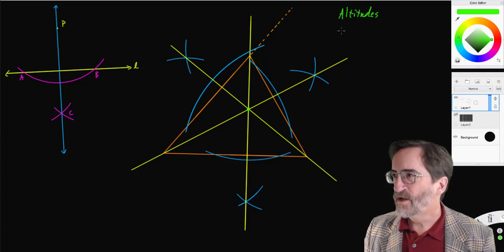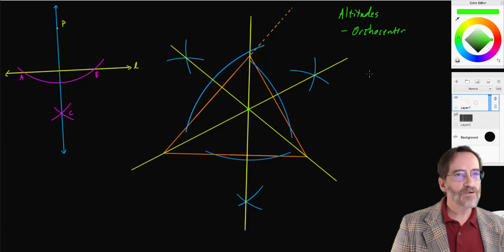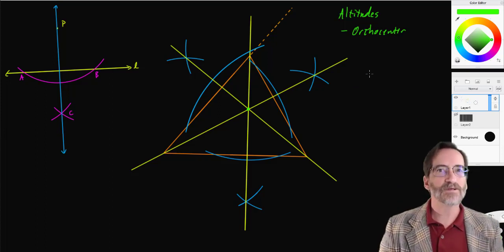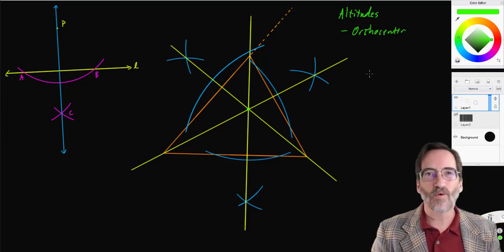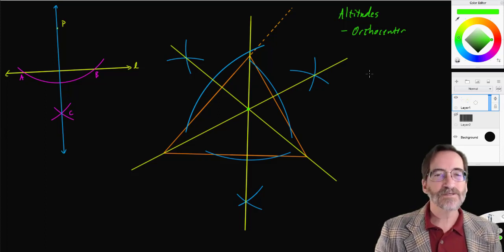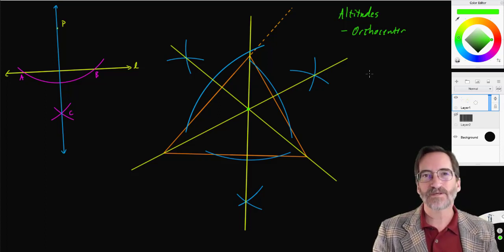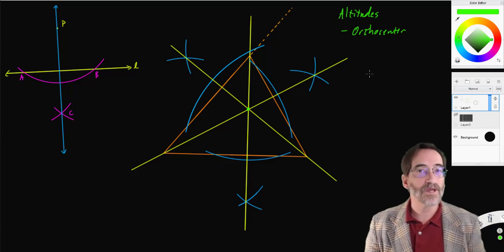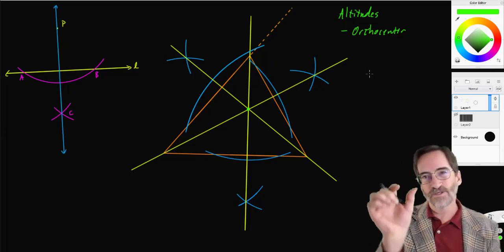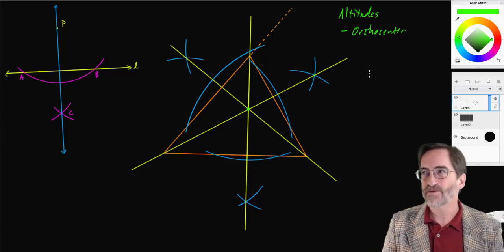And they meet at a point called the orthocenter. Ortho means straight or perpendicular. So you've all at least heard of the orthodontist. Orthodontists are specialists in dentistry that work on straightening your teeth. They want to make sure your teeth are perpendicular to your gum line, straight up and down.